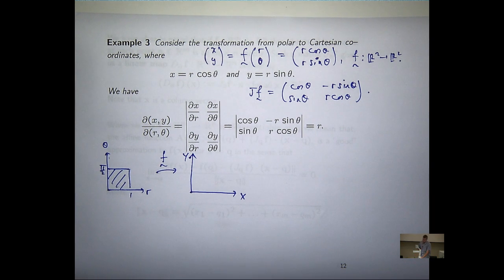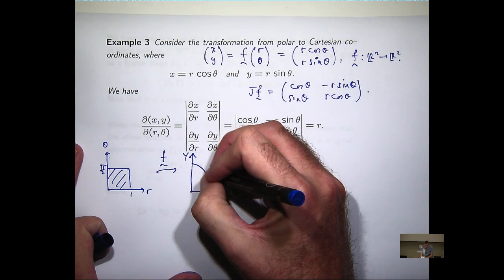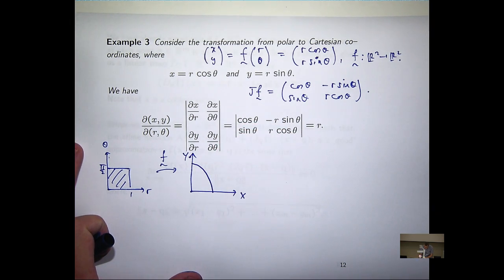Anybody know what kind of shape we're going to get in the xy plane? What are we going to get when f acts on that little rectangle? Any idea? Yeah. Well, I guess what you're going to get is a quarter of a disc.